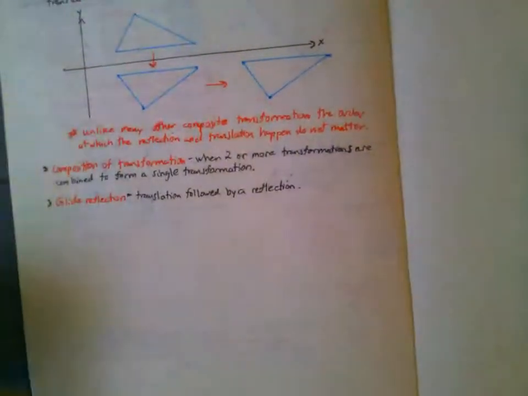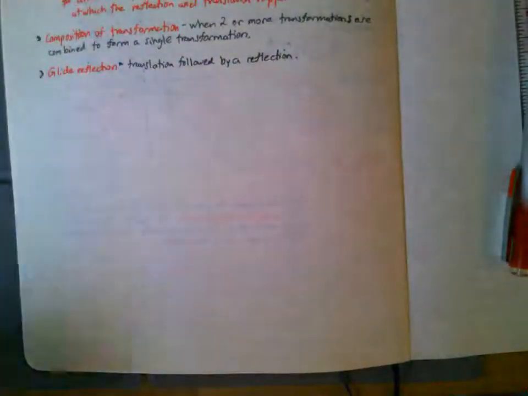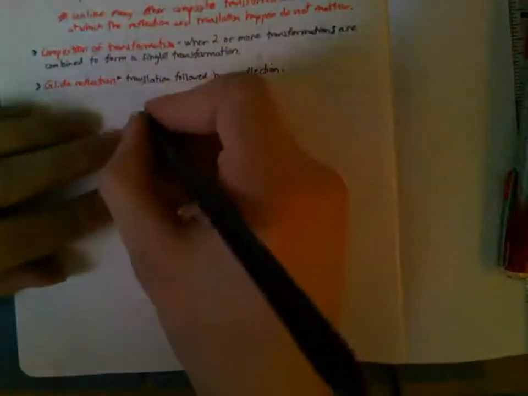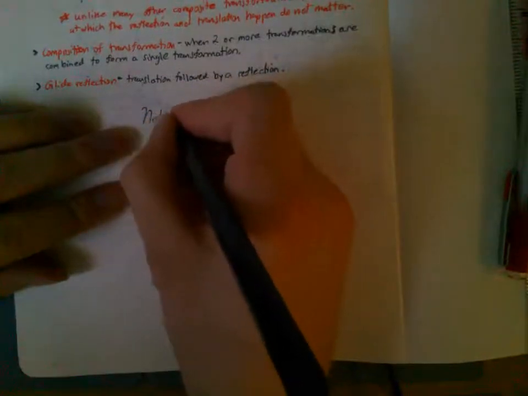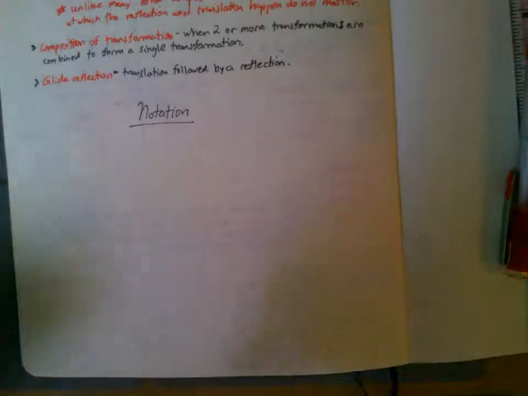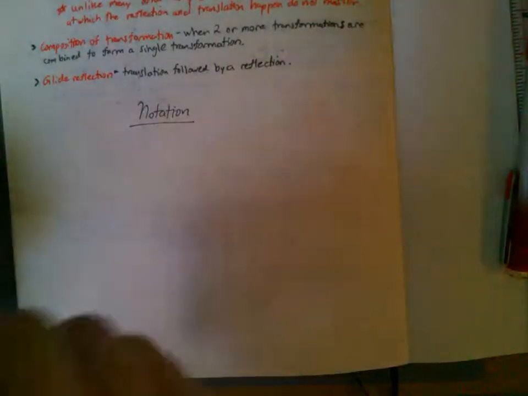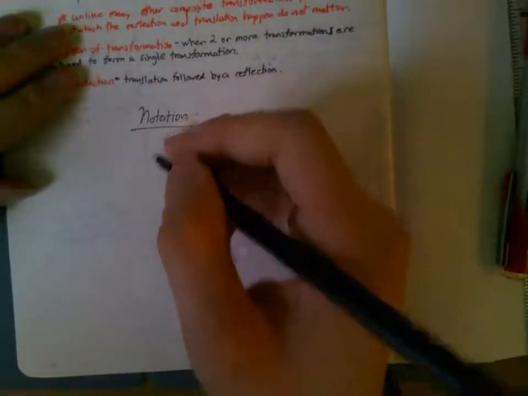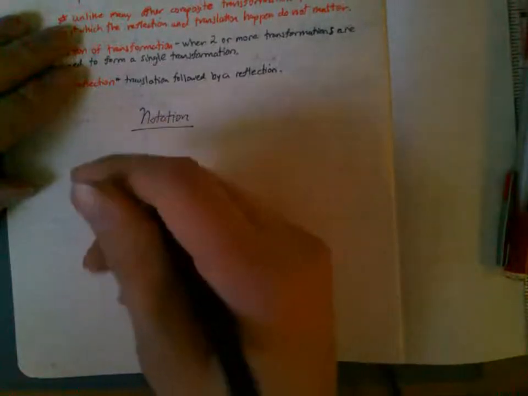Now, the final thing we need to talk about is notation. This is the first time you're going to see this word and the first time you're going to be using what it means. When I say the word notation, what I'm referring to are the symbols for compositions, basically meaning notation refers to the language of mathematics.